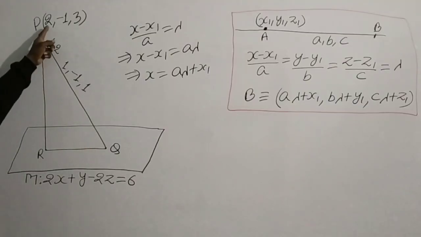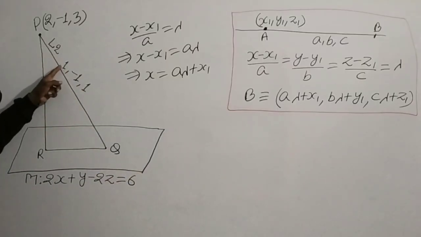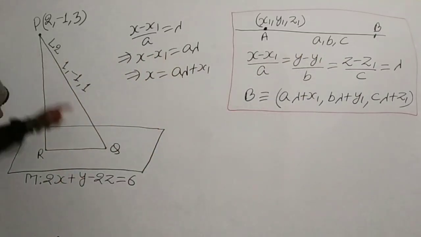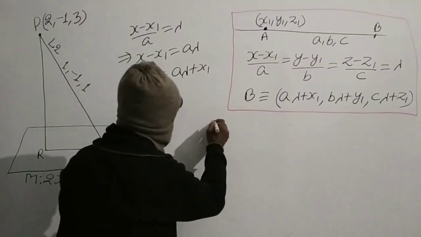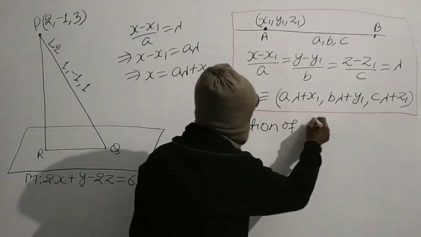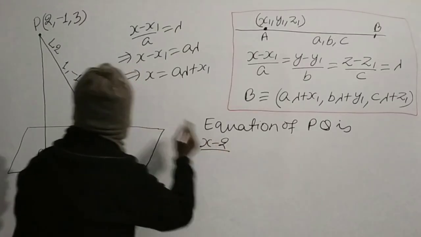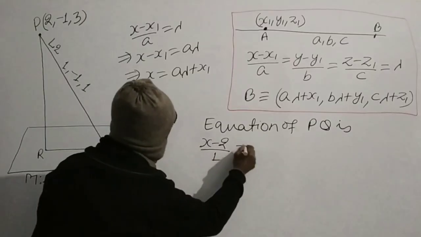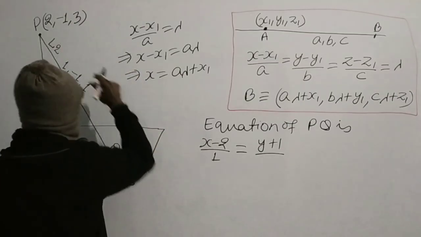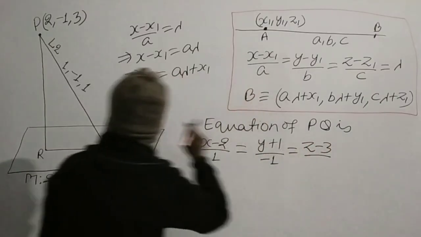Since PQ passes through 2, minus 1, 3, that is x1, y1, z1, and its direction ratio is 1, minus 1, 1, that is a, b, c, therefore equation of PQ is (x minus 2) by 1 is equal to (y plus 1) by minus 1 is equal to (z minus 3) by 1.